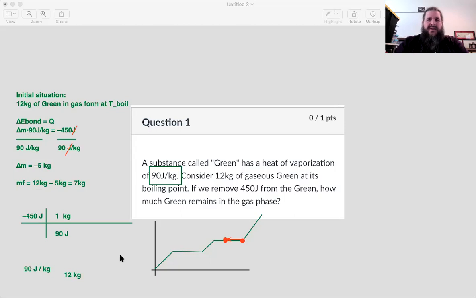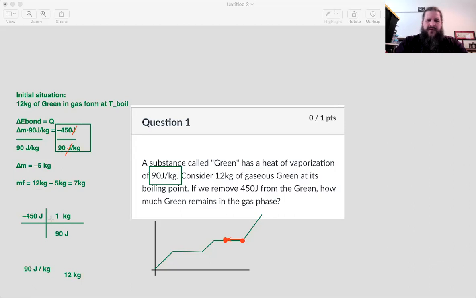You can literally think of this almost as a unit conversion. Even though it's not really a unit conversion, we're not converting joules to kilograms because they're not measuring the same thing. It acts almost the same in terms of getting the units to work out right. So if you just multiply negative 450 joules times 1 kilogram per 90 joules, and note that that's exactly what we were doing here. We were taking 450 divided by 90 joules per kilogram.